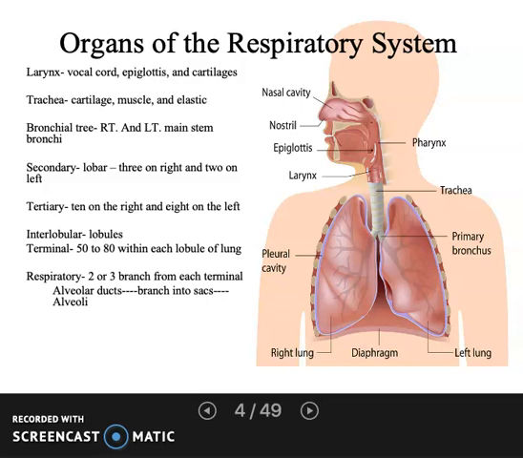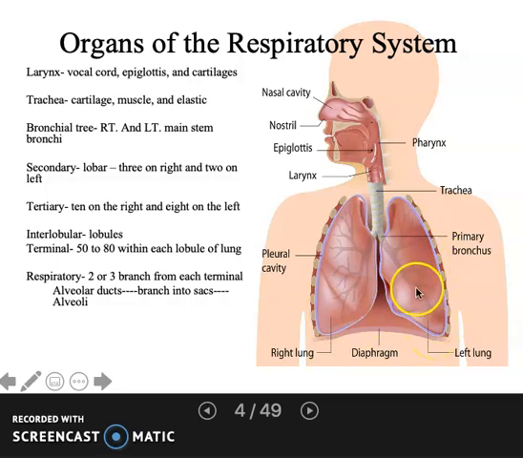As the trachea moves down into the lungs, it undergoes bifurcation, and it bifurcates into the right and the left lung. And so we have two main stems of the bronchi, and bronchi bifurcate again into bronchioles. You'll notice that on the right side, I have three major bronchi, and on the left, I have two. And that refers back to the fact that there are three lobes in the right lung and only two lobes in the left lung.